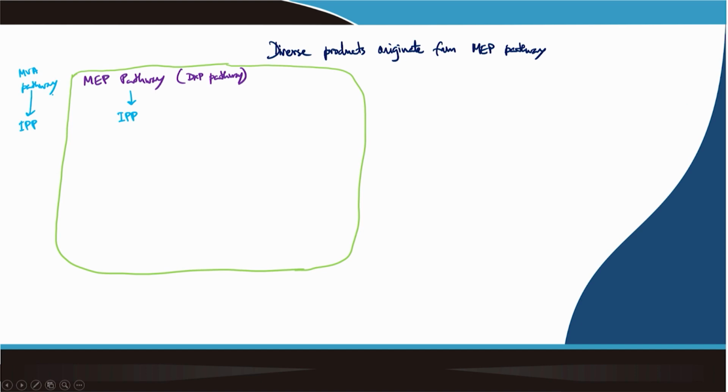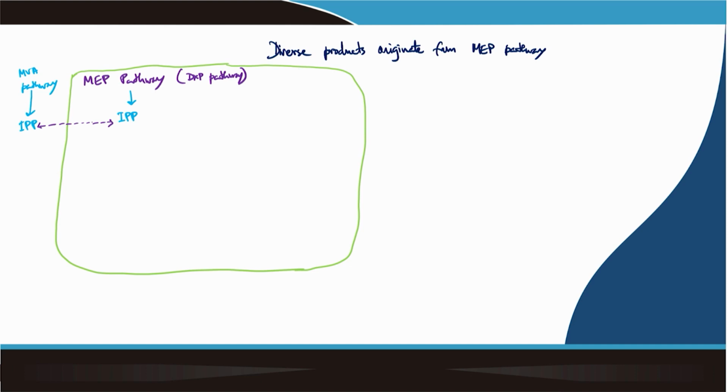Now, there will be crosstalk between this IPP and this IPP. When there is a shortage of IPP in the plastid, IPP produced in the cytosol can move inside, and whenever there is a need for more IPP in the cytosol, the IPP produced in the plastid can move out.